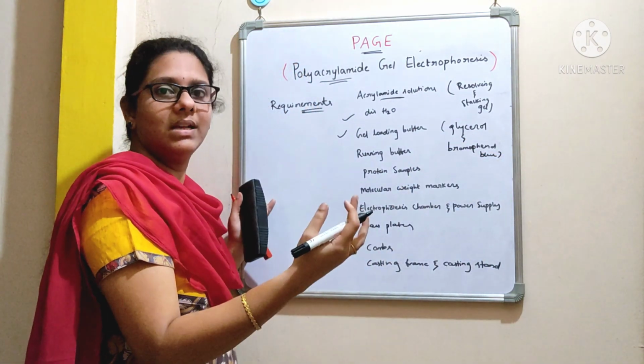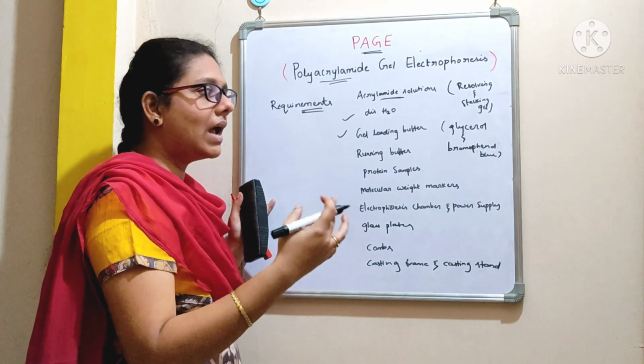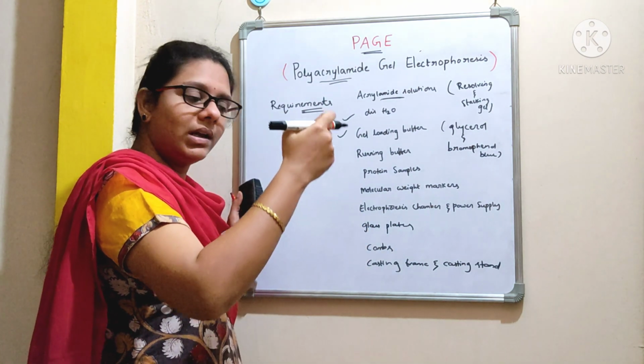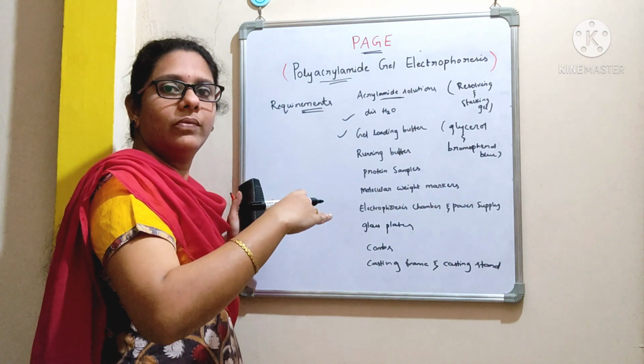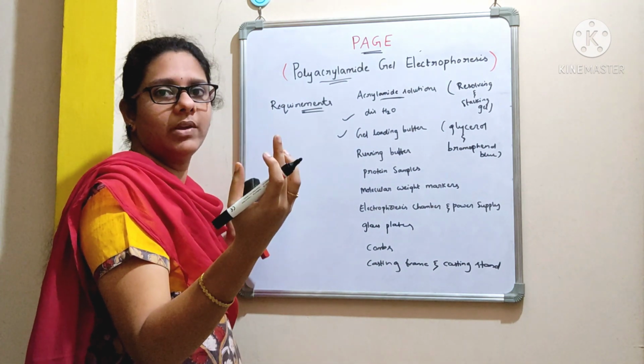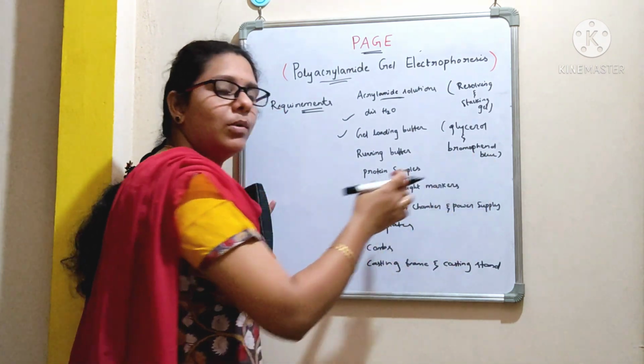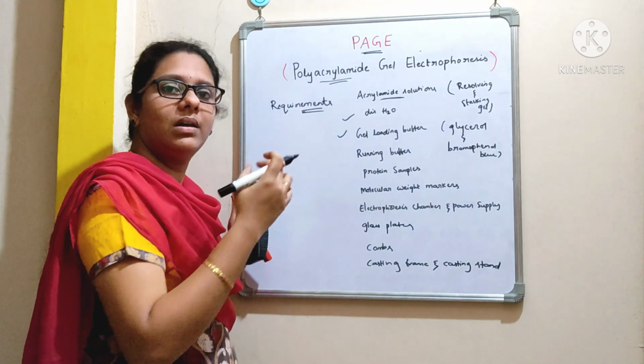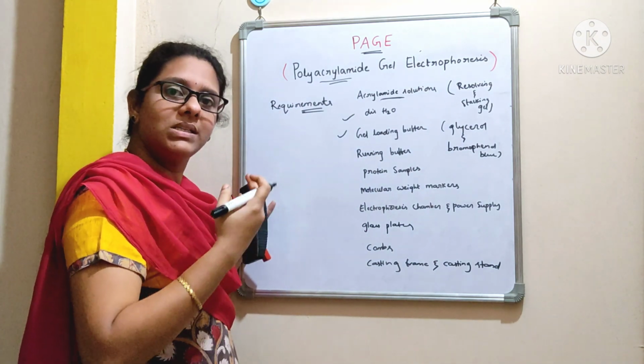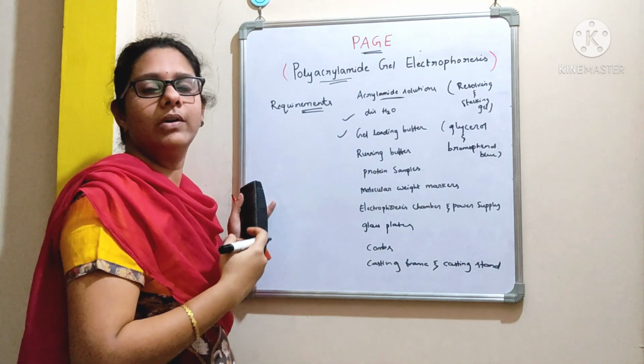It will increase the density of a protein sample, and when you add it to a well, it will settle at the bottom of the well instead of diffusing out from the well. And coming to the bromophenol blue, it gives a blue color to the sample, and it will be easy for us to track the movement of a protein.